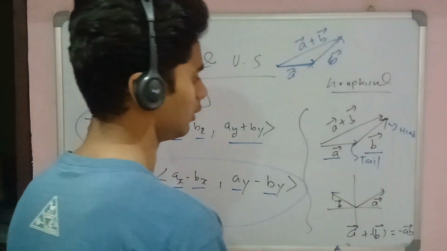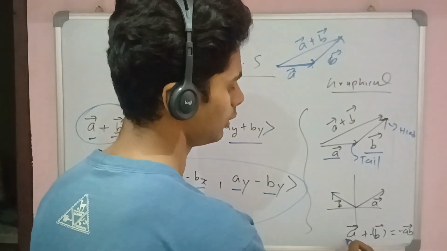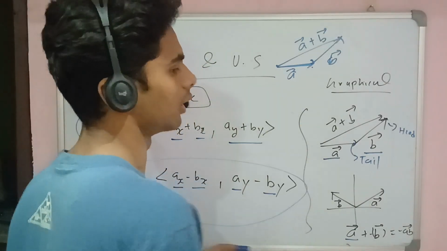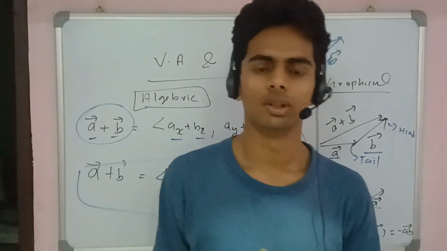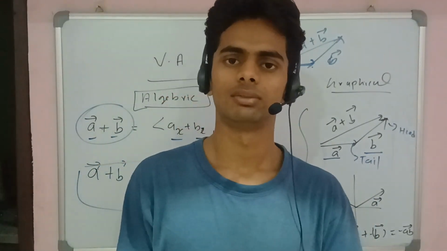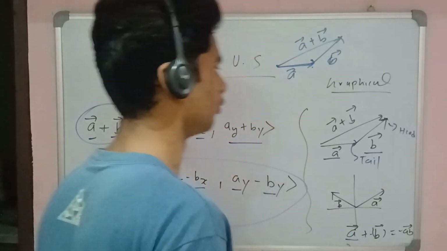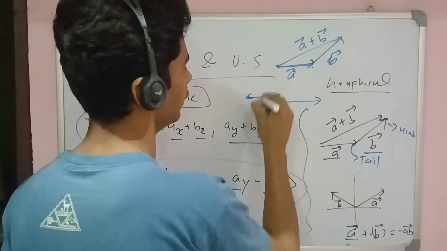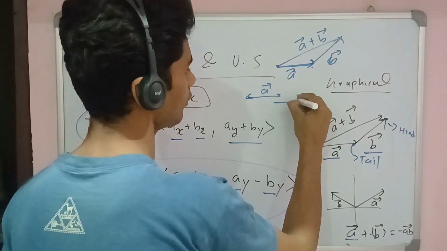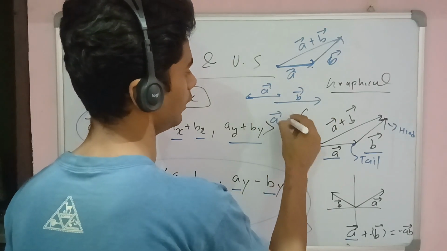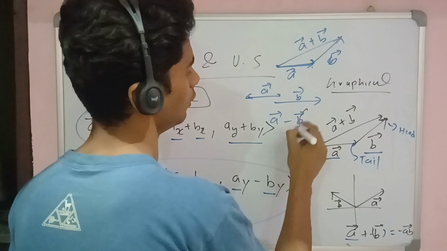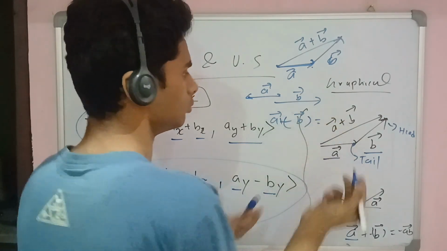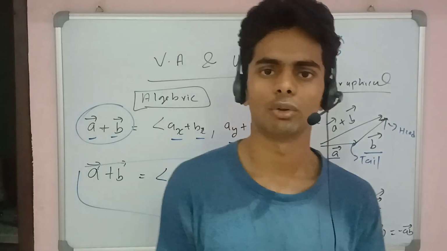And the second part is how you can subtract vectors. Now suppose both vectors are opposite in direction, so you can subtract them in such a way, which is a better way to visualize. Now for these vectors a and b, you can subtract in such a way, a minus b, and that's how you can find the result.